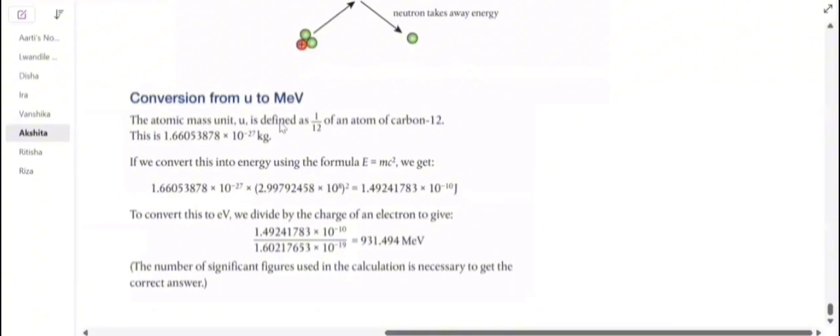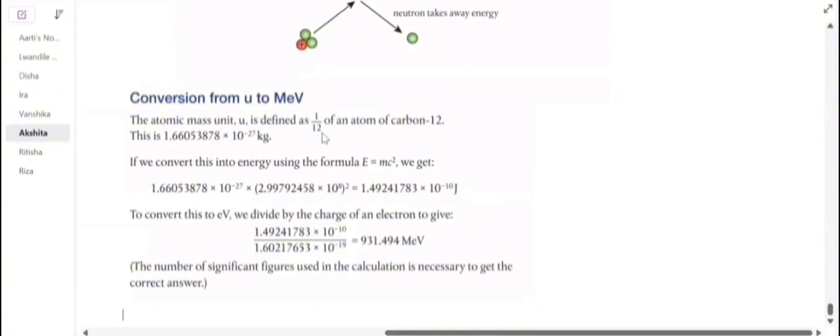Now, what is the conversion of AMU into MeV? Basically, I'm talking about energies. The conversion from one atomic mass unit to MeV is 931.4. But if it has been asked in the exam, you should be aware of how it has been derived.